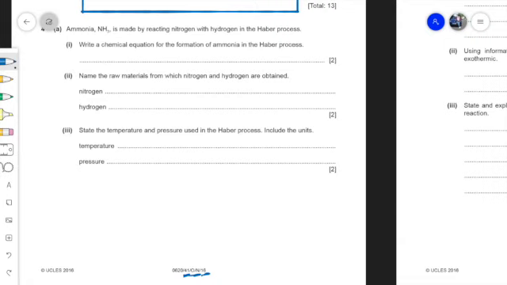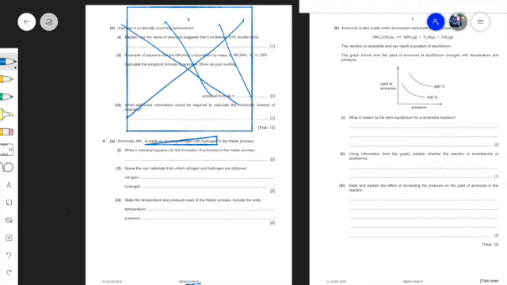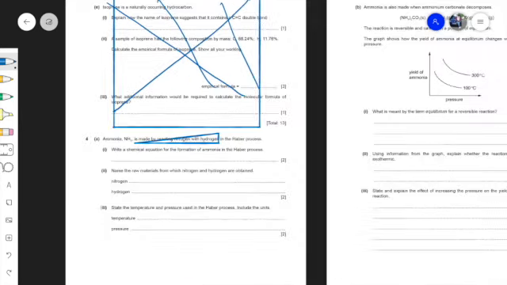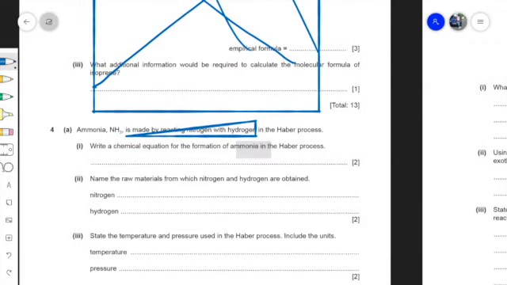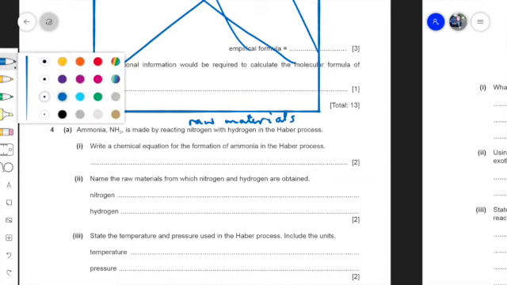Ammonia is made by reacting nitrogen with hydrogen to form ammonia. So these two are your raw materials.